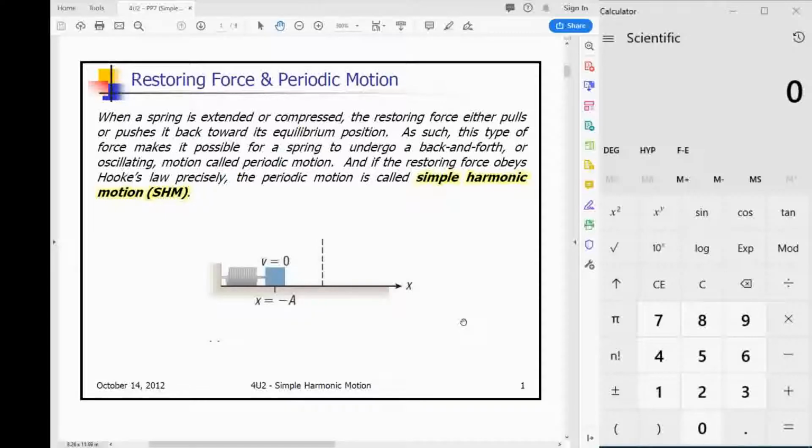The restoring force will push it towards the equilibrium position, it will move past it, and then a restoring force in the opposite direction will push it back towards the equilibrium position, and it will overshoot again. We have this kind of motion where it's oscillating around the equilibrium until it finally comes to rest at the equilibrium point. And we call that simple harmonic motion.